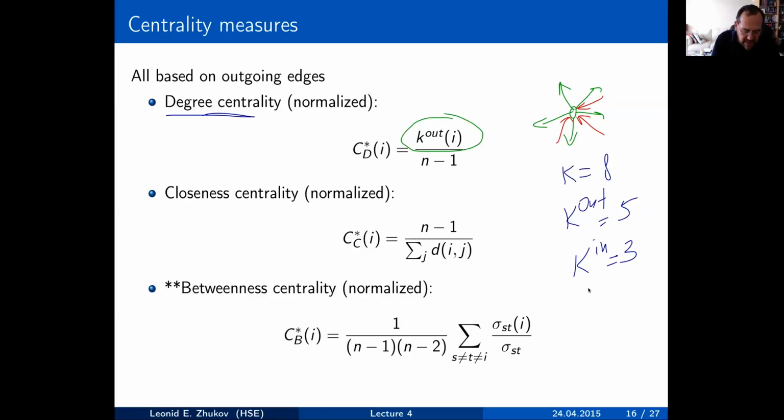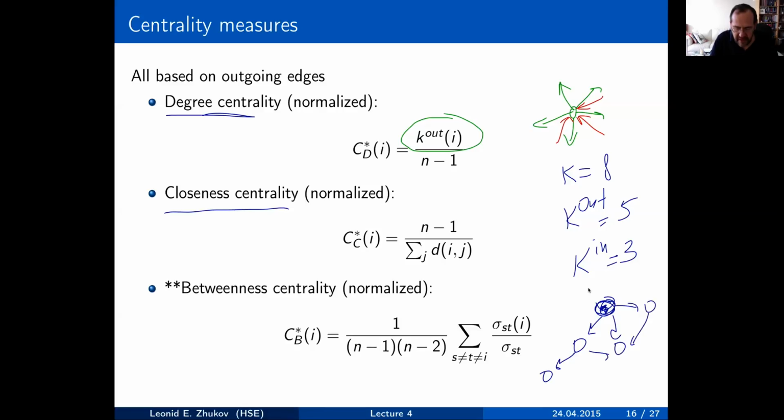Now, closeness centrality, you have to be more careful here. The reason is, again, when you have a directed graph, it's important how you can start from this particular node and reach other nodes.